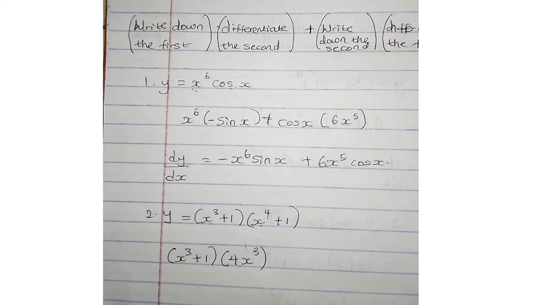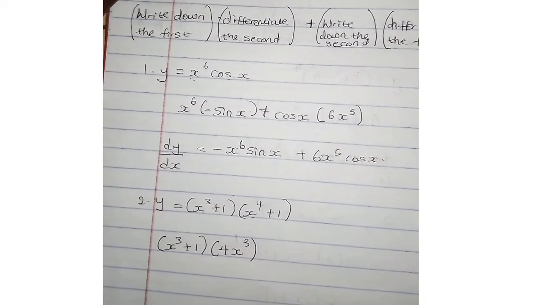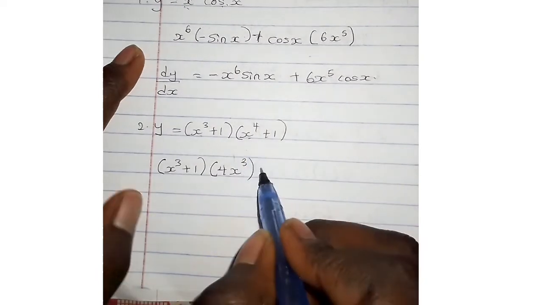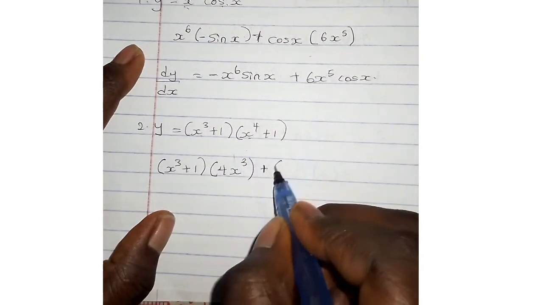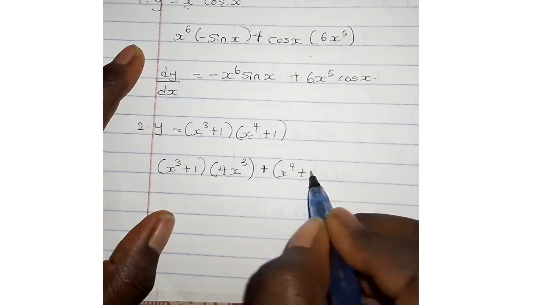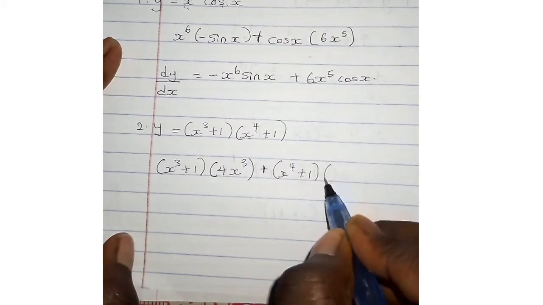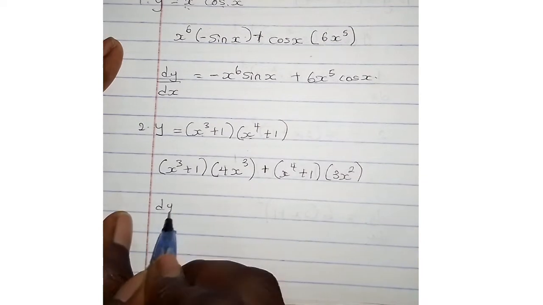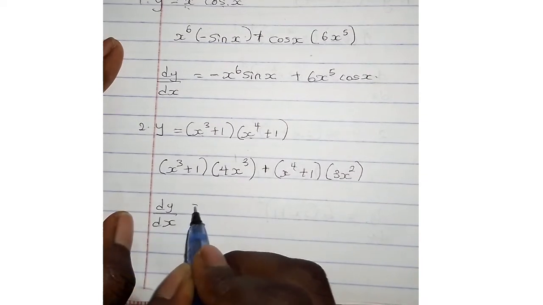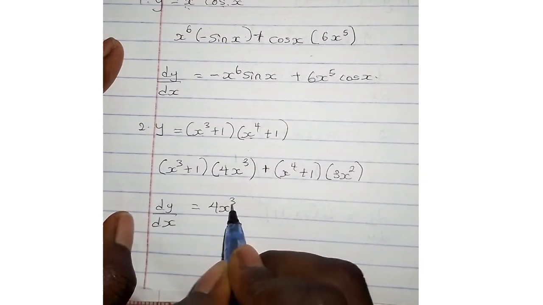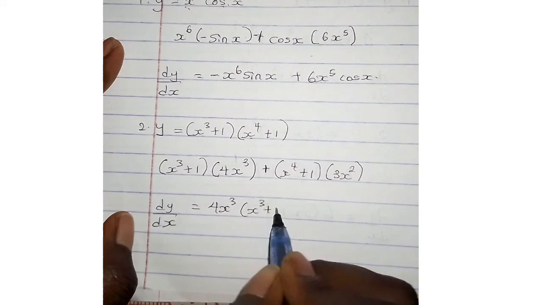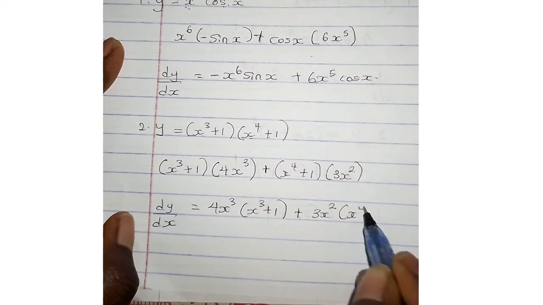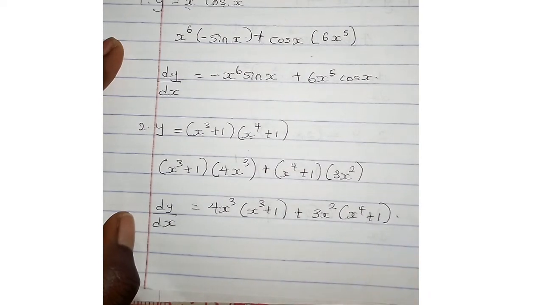Then it's a plus sign. Write down the second, x to the power 4 plus 1. Then differentiating the first, we have 3x squared. So therefore, dy/dx can be given as 4x cubed all into (x cubed plus 1) plus 3x squared all into (x to the power 4 plus 1). It's as easy as this.